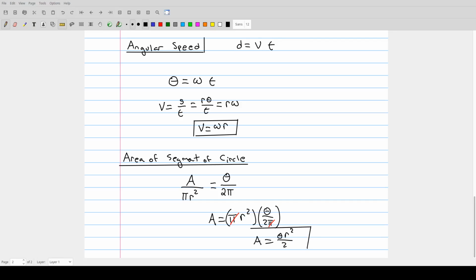So we have a nice compact formula for the area of any segment of the circle, just given the angle surpassed along that segment.